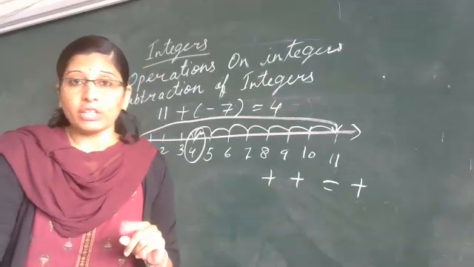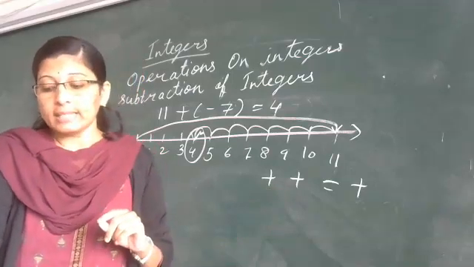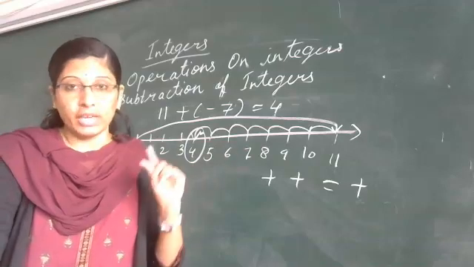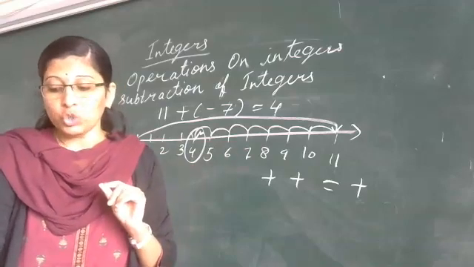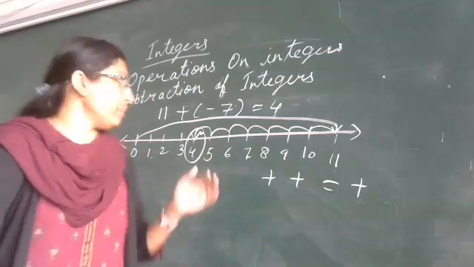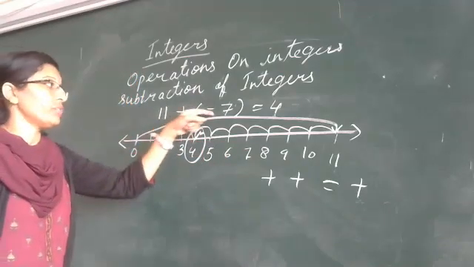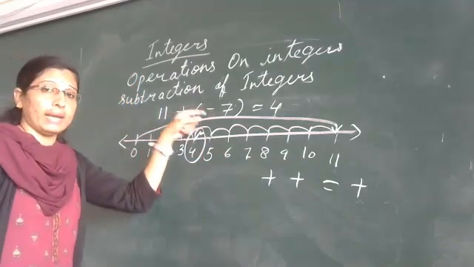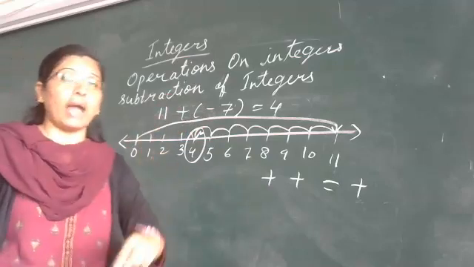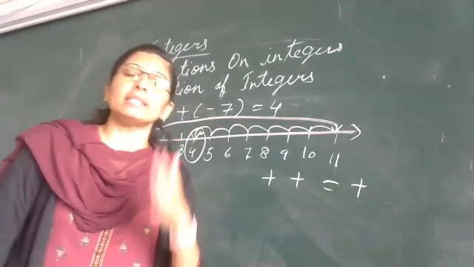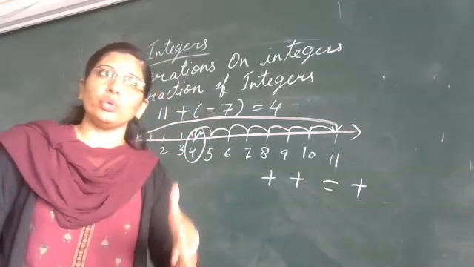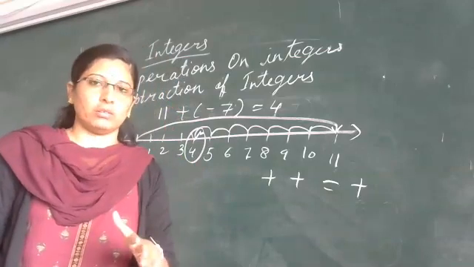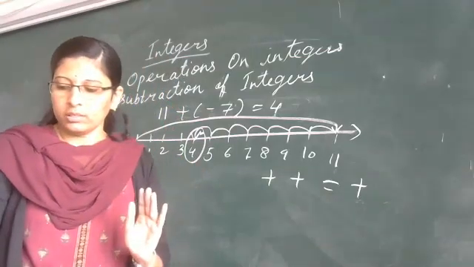Now, in subtraction, what we saw is that the sign of the integer which is to be subtracted will change and then it is added. Means here the sign will change when you are removing the bracket. The sign will change in subtraction, and after that you have to follow the same method which we followed in addition. Okay?